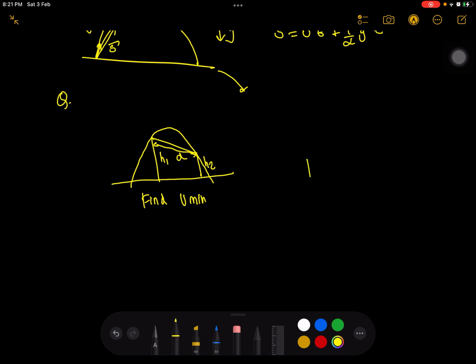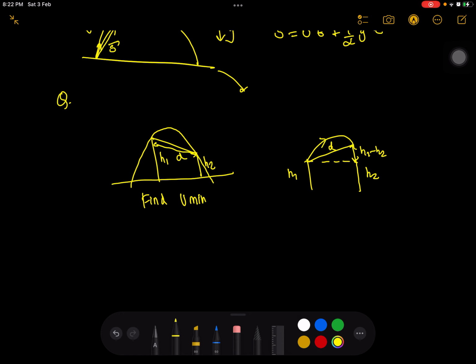First of all, you can draw the diagram like this: h1, h2, and this is h1 minus h2, and this is D. There's a projectile like this over here.